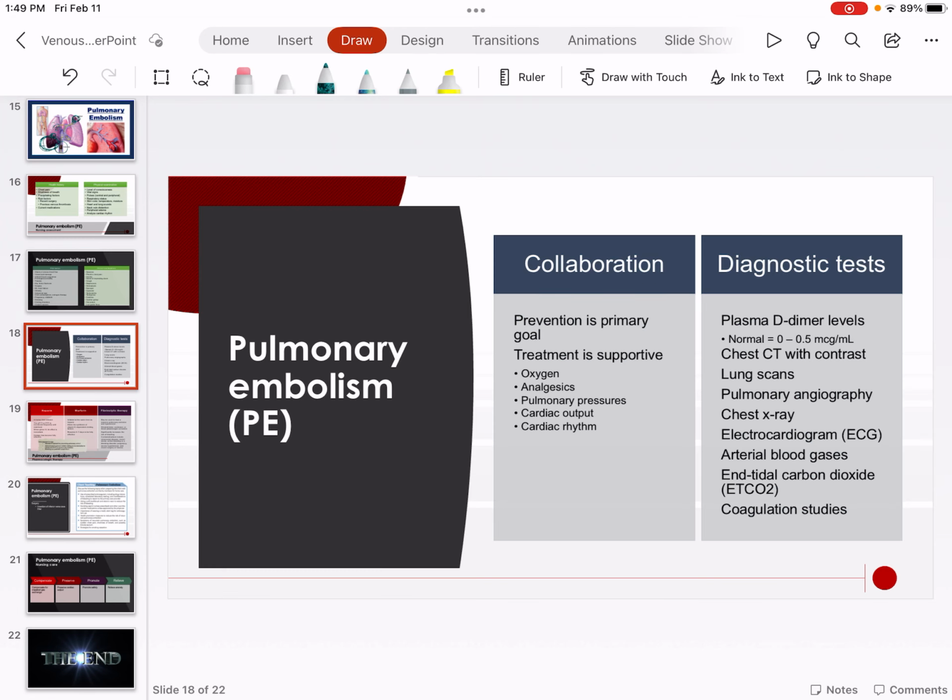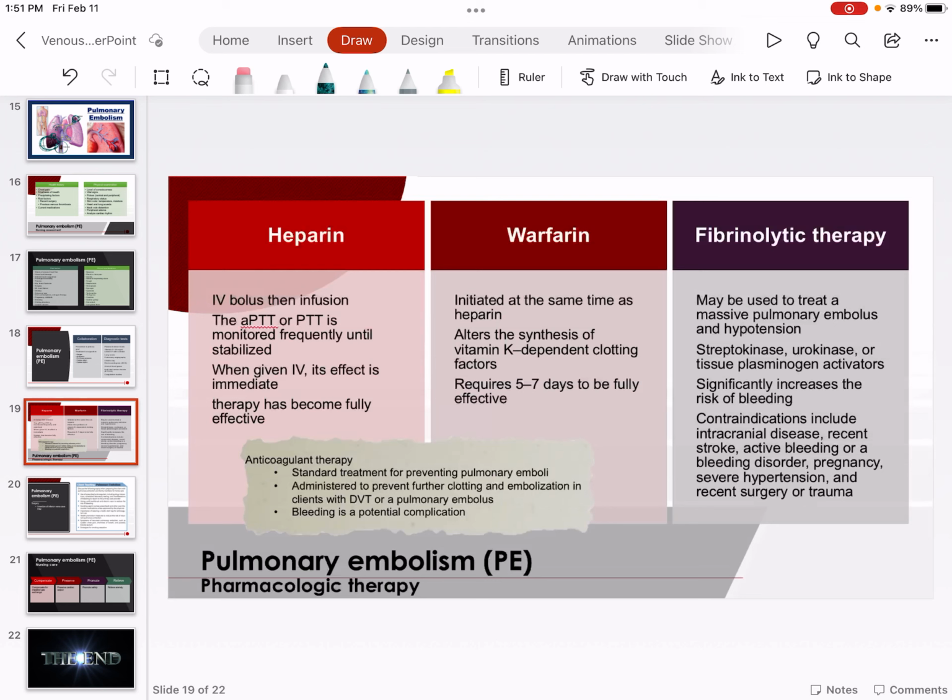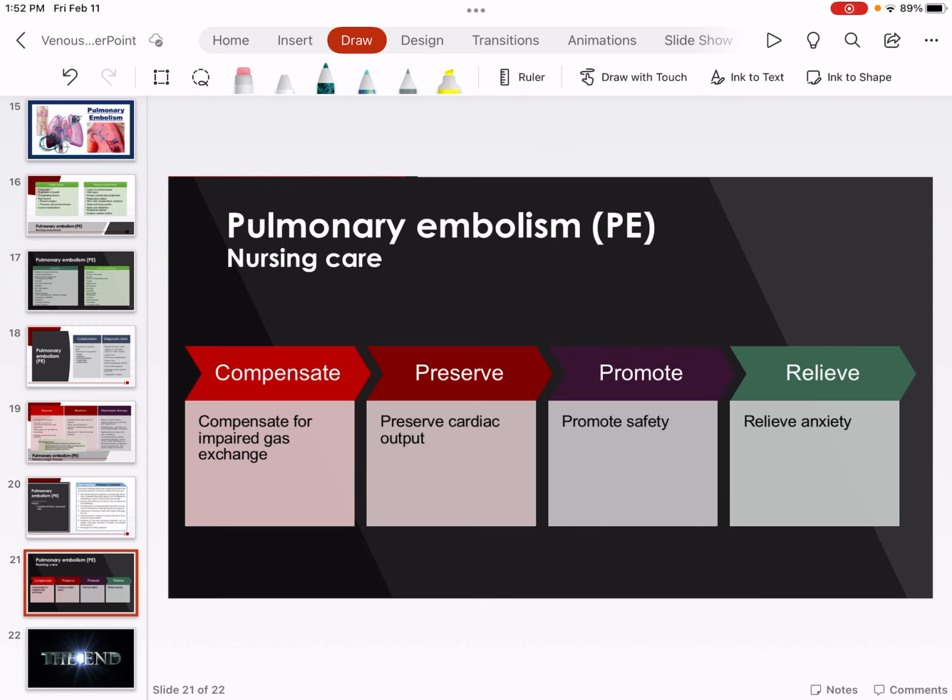So range of motion exercises every 8 hours, frequent position changes, encourage increase in fluids and dietary fiber, assist with ambulation as needed, and then promote cardiopulmonary perfusion. You want to frequently assess their respiratory and cardiac status and check their vital signs regularly. So this is information related to education for a client who is discharging after having a DVT. So this is important information to know.